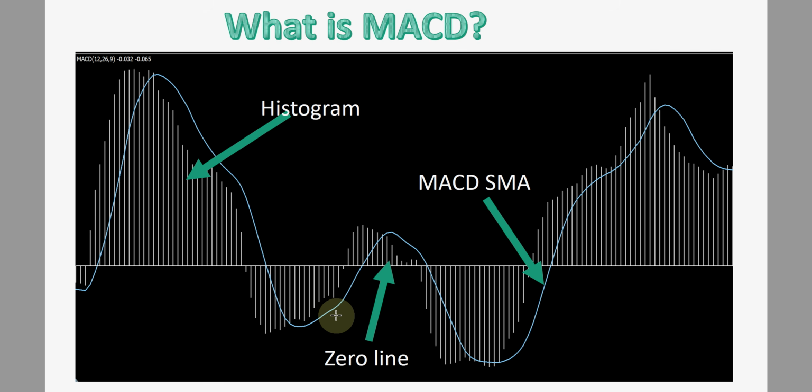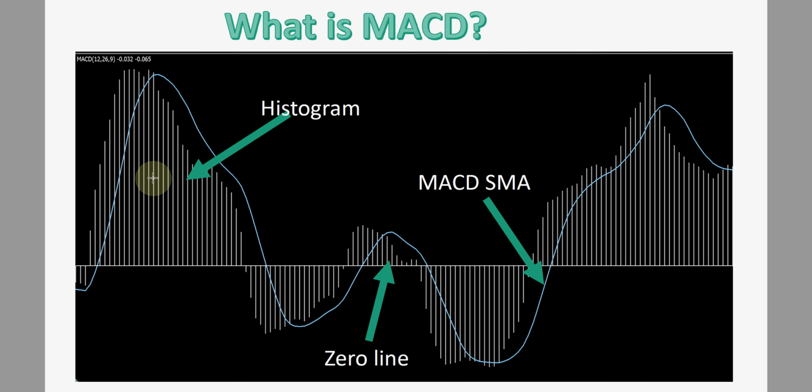So what is MACD? MACD is a trend following momentum indicator that shows the relationship between two moving averages of price. The usual MACD has a setting of 12, 26, 9, which is fast EMA 12, slow EMA 26, and the MACD SMA 9.